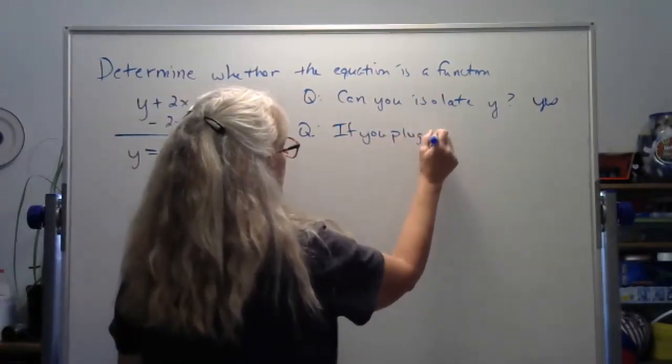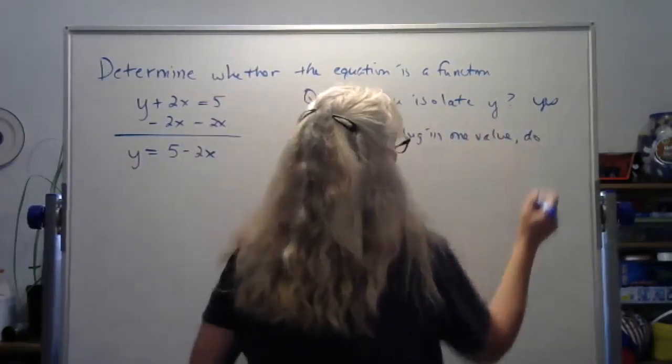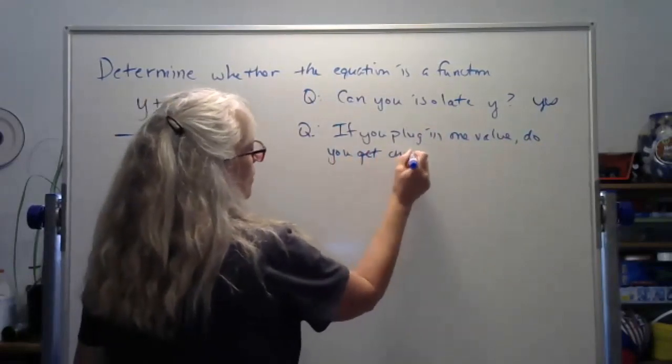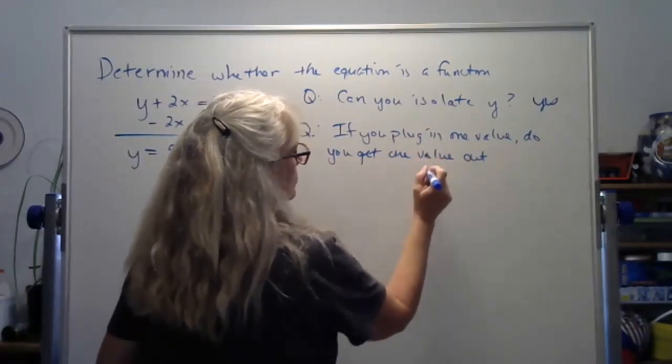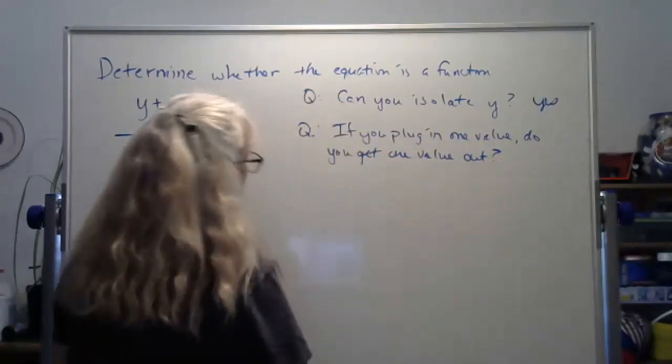If you plug in one value, you get one value out. So if you plug in one number, do you get one number out? That's the second thing you have to ask yourself.